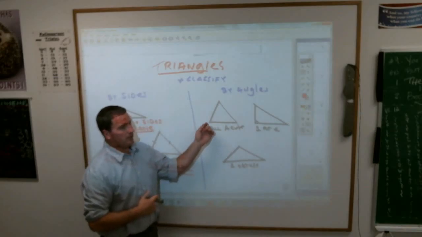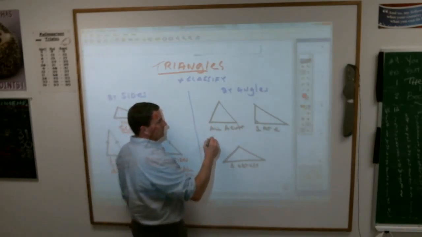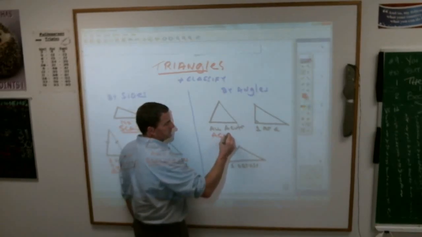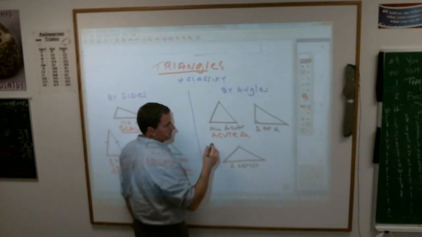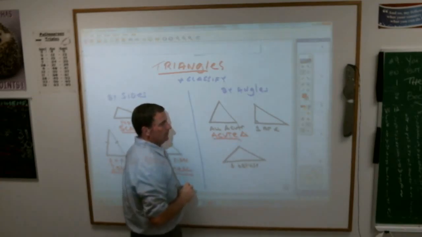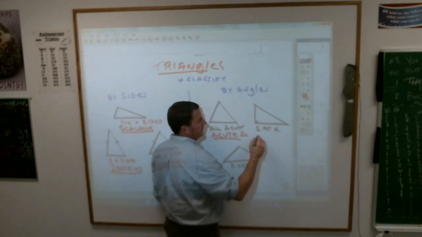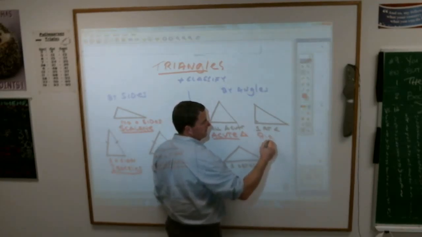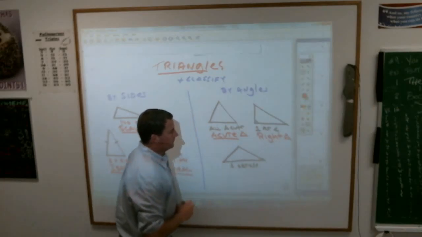If a triangle has all acute angles, it's pretty simple. It's just called an acute triangle. And if it has just one right angle, it's called a right triangle. And guess what?